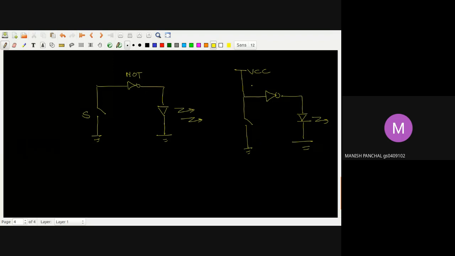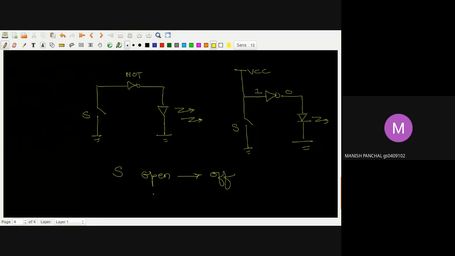Now tell me, when this switch is open, for example S is open, will the LED glow? No sir. Why? Sir, because an inverted output will come, so that will be 0. I am saying that if it is open, this one is coming here, it will be converted to a 0, and finally the LED is off. So when the switch is open, this LED is off.